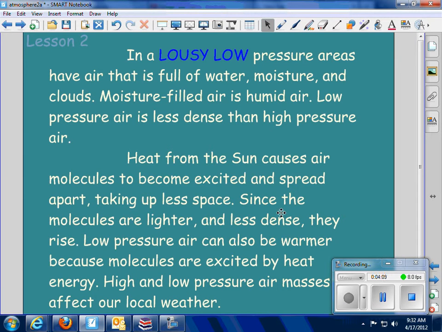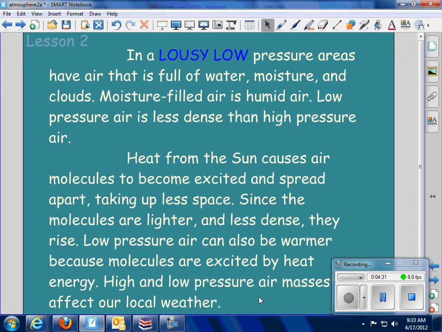They take up less space. It becomes lighter and they begin to rise. Low pressure tends to be associated with warmer air because of that less dense amount of energy in the air molecules.